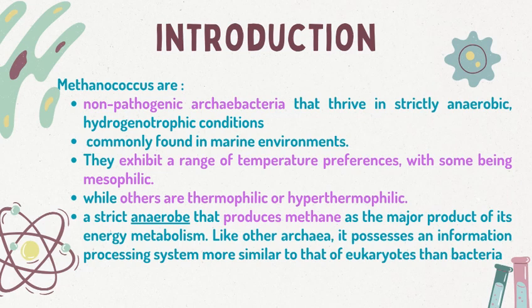As strict anaerobes, they produce methane as the major product. This process, known as hydrogenotrophy, involves utilizing hydrogen gas to generate methane, contributing to the global methane cycle. Methanococcus, like other archaea, possesses an information processing system that is more similar to eukaryotes than bacteria.